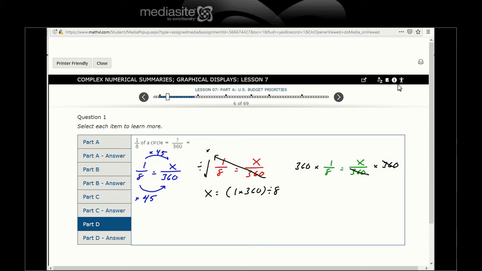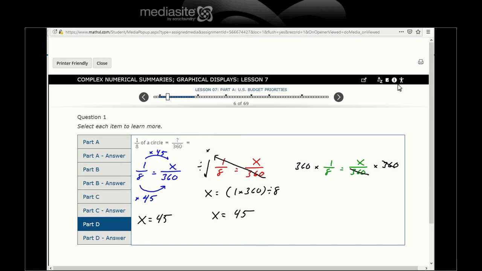You found that if you take 360 divided by 8, you get 45. So again, 8 times 45 is 360, and 1 times 45 is 45, so x equals 45. If you use the cross product divided by leftover method, you got 360 divided by 8, which again gives x equals 45.